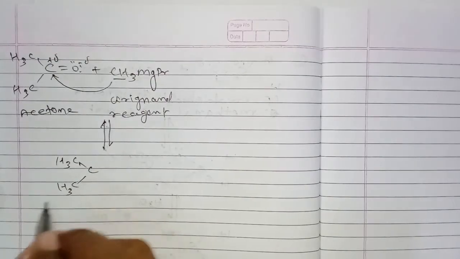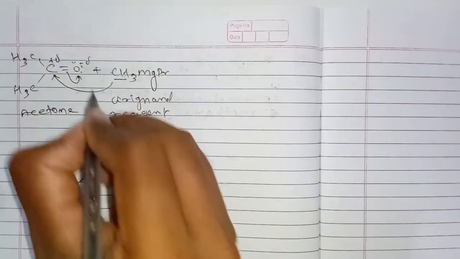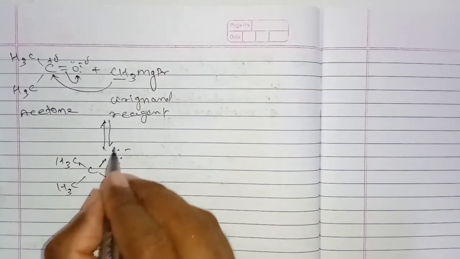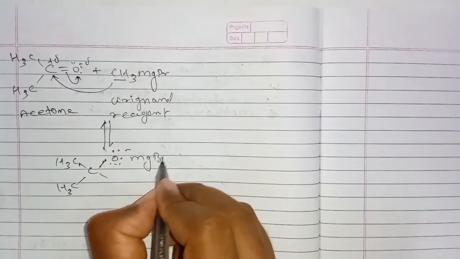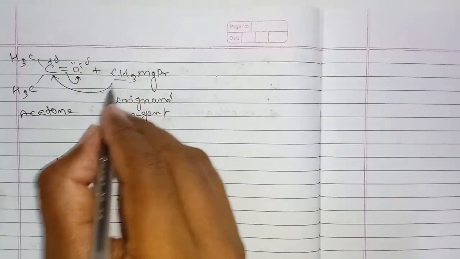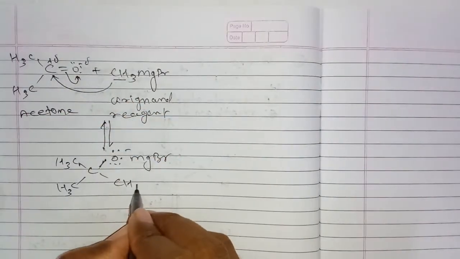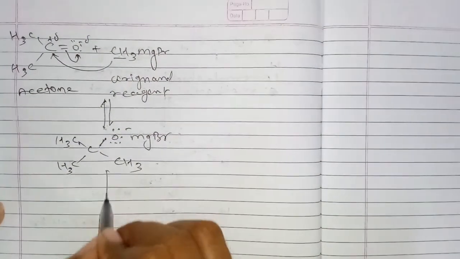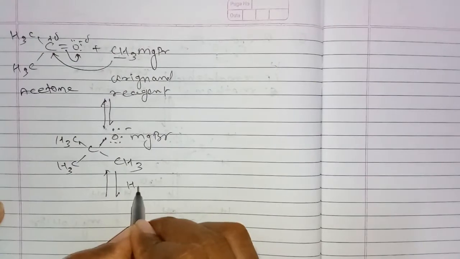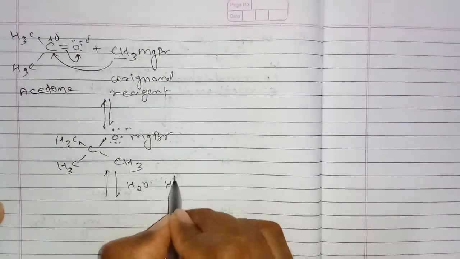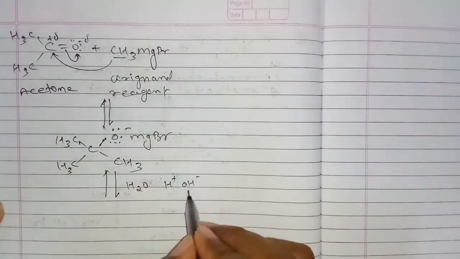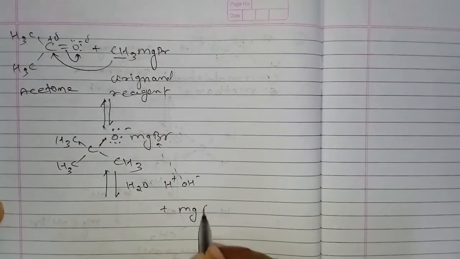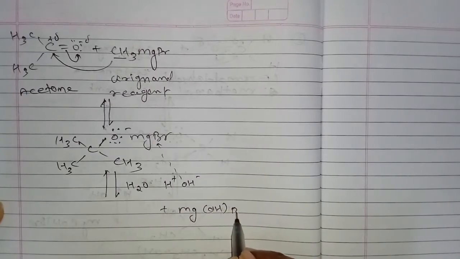CH3 remains as it is. The double bond will be converted to a single bond and oxygen has 3 lone pairs of electrons, negative charge and MgBr, and this will be attached with the carbon, which further reacts with water molecule, H plus and OH minus. OH minus will attach with the Mg, and MgOH Br is formed.